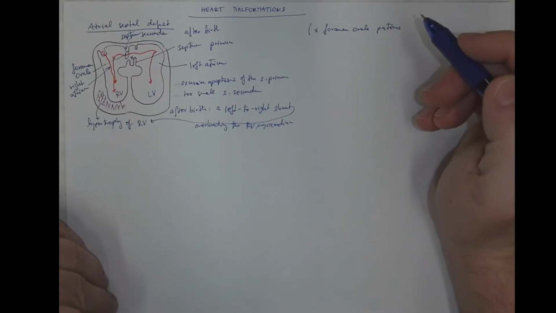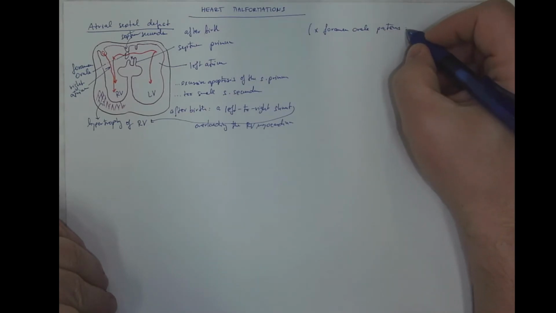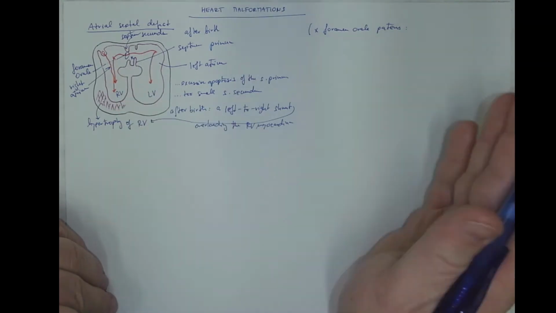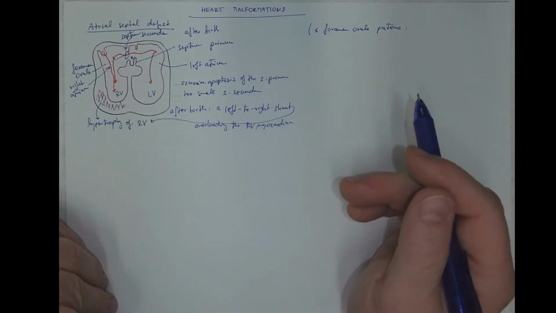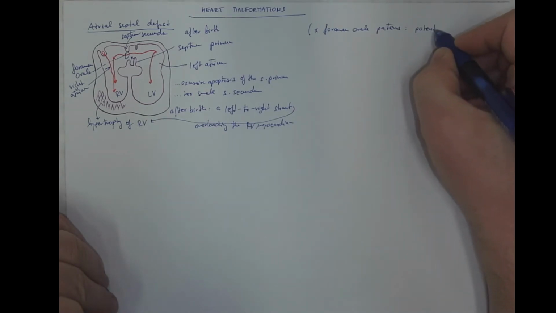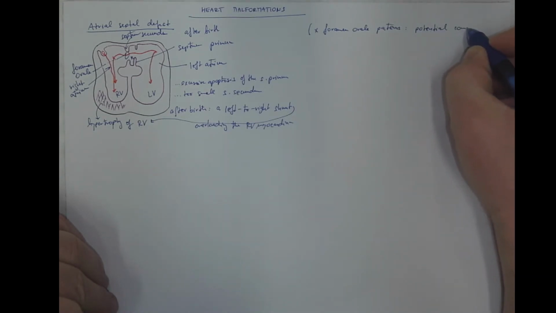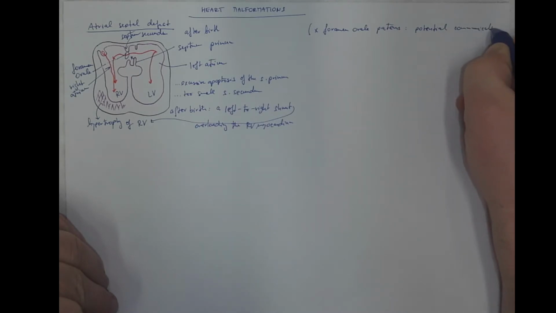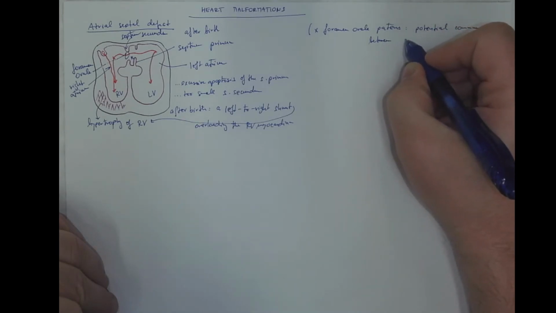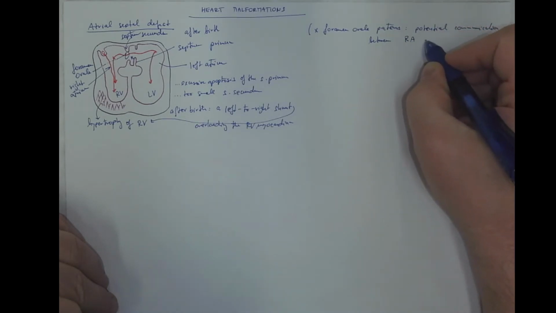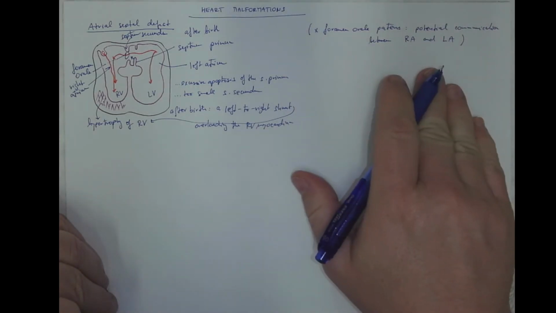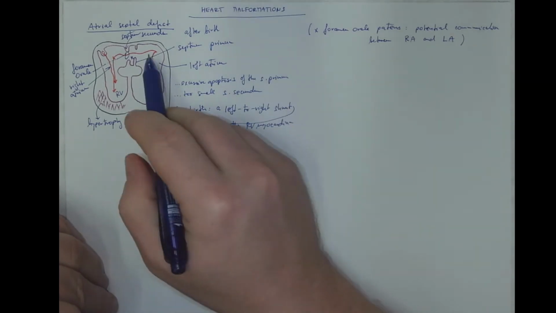If this doesn't happen, and the septum primum only works as a one-directional valve, there is a potential communication between the right atrium and left atrium, which under normal circumstances is closed due to the pressure difference.